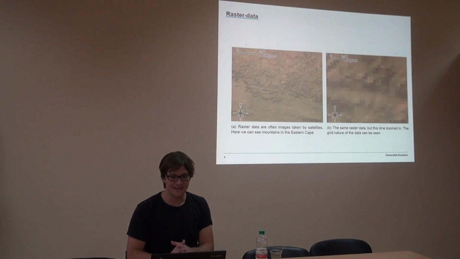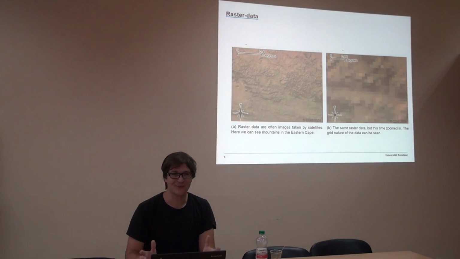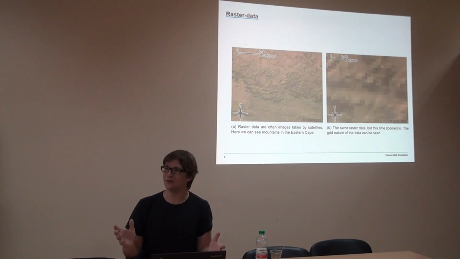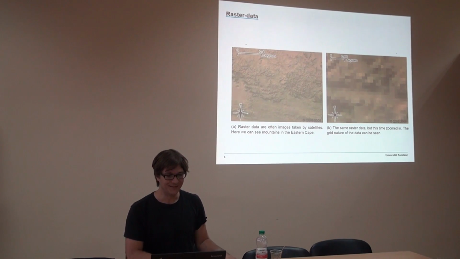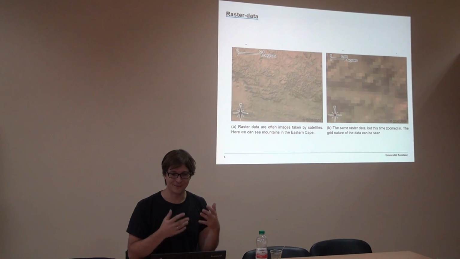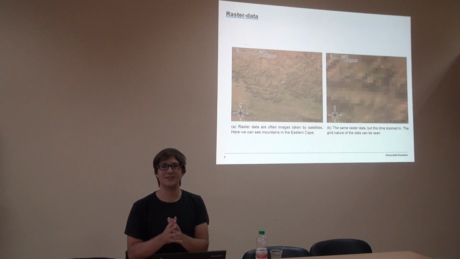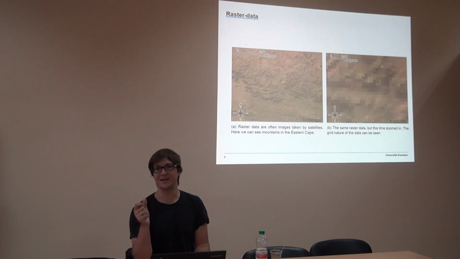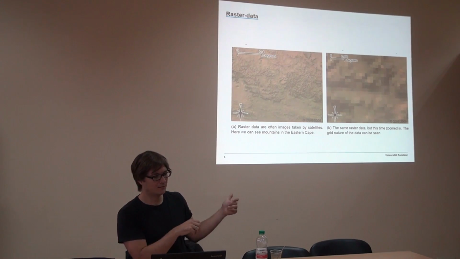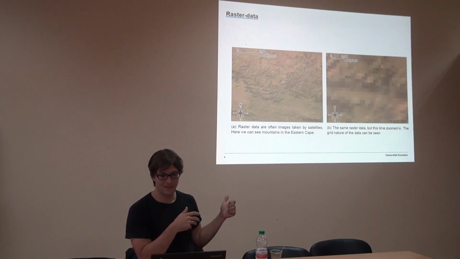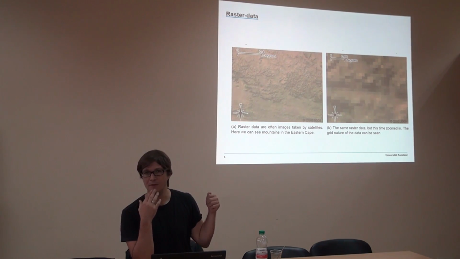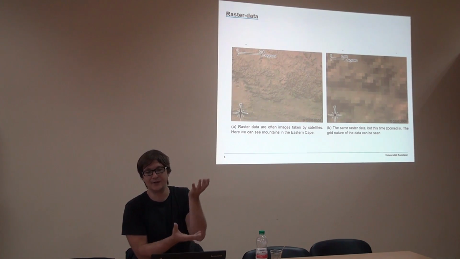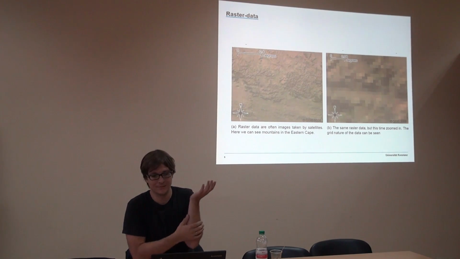Raster data is in a way just an image, for example a satellite image. In a raster image, the information is coded in the colors. Here, the darker, the higher the elevation, for example.